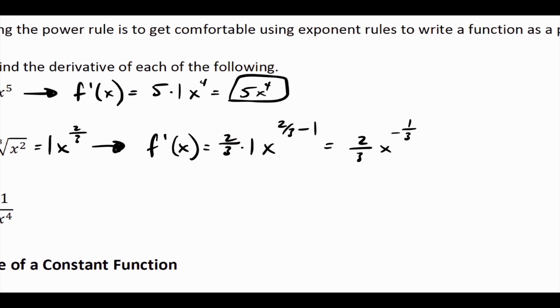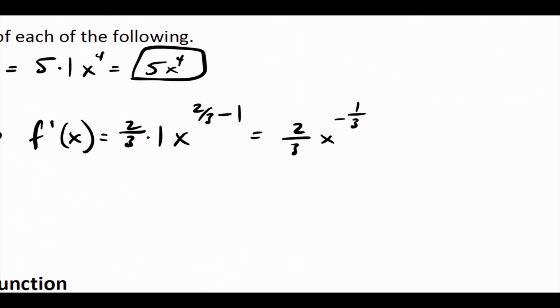Let me clean it up a little bit. What do negative powers mean? Down to the bottom, right? Okay, so 2 is on top, so that means x is going to go down here, because it's a negative power. And what does 1/3 power mean? Negative means move to the bottom.